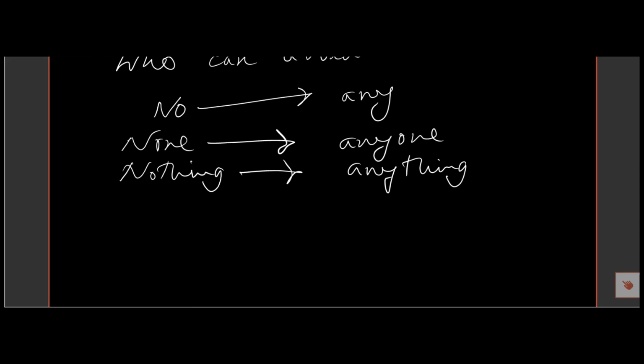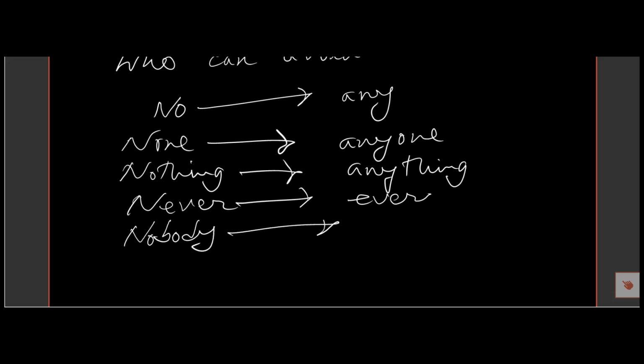If there is "never", it will be "ever". If this negative word is in a sentence, then this word will be changed into that. So if there is no, the no will be changed into any. If there is none, none will be changed into anyone. Nothing, anything. Never, ever. Nobody, anybody.